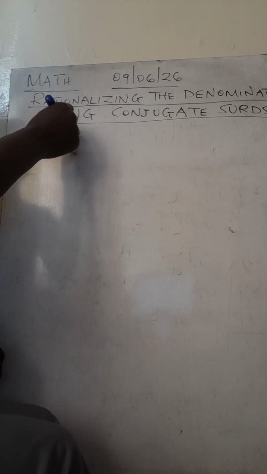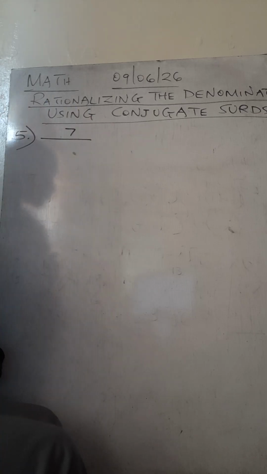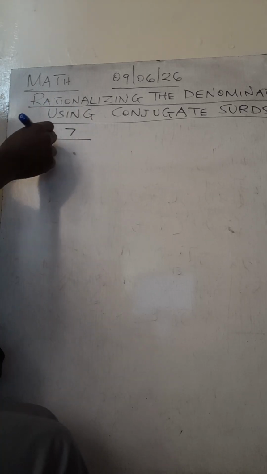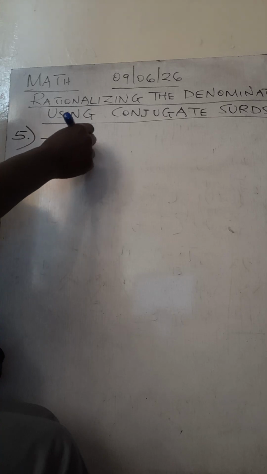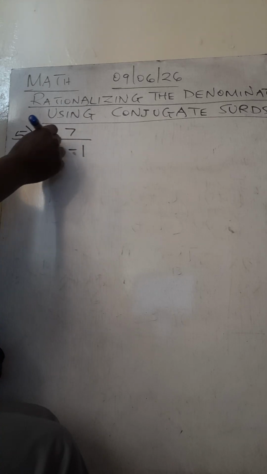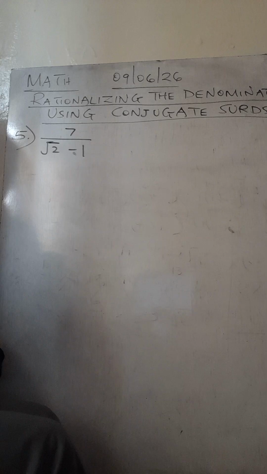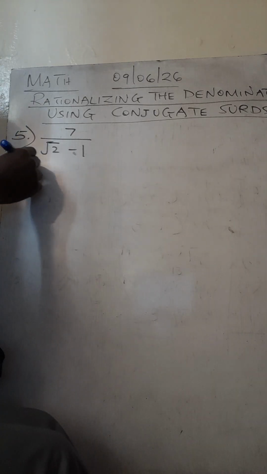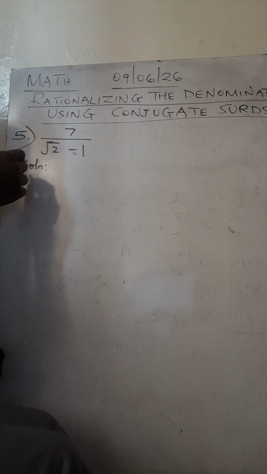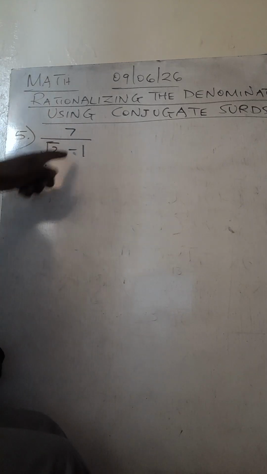I have 7 over root of 2 minus 1. So for you to be able to solve this, find the conjugate surd of the denominator by changing this sign.